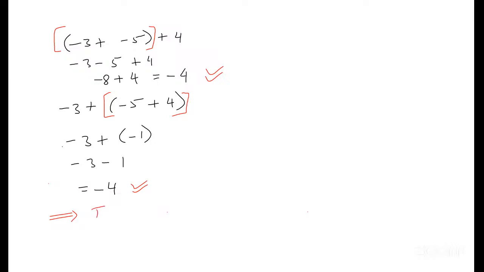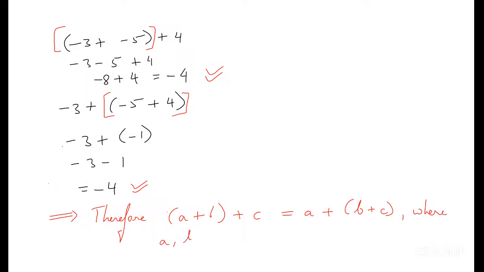Therefore, (a + b) + c = a + (b + c), where a, b, and c are integers.